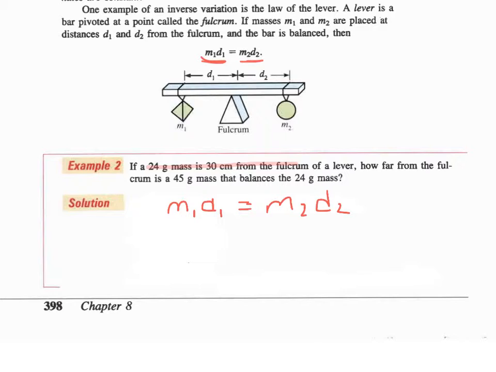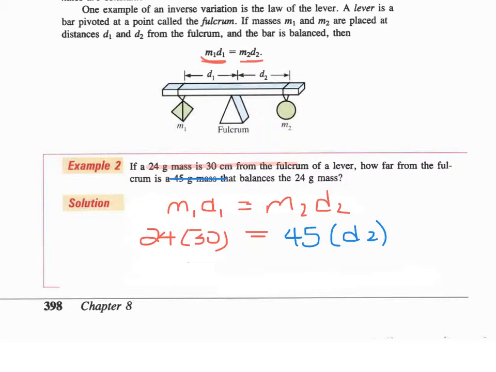So 24 times 30 is equal to, and now I'm going to read the rest of it. How far is the fulcrum if you have something that's 45 grams in mass? How far away is it? So then here I would do 45 times D2.